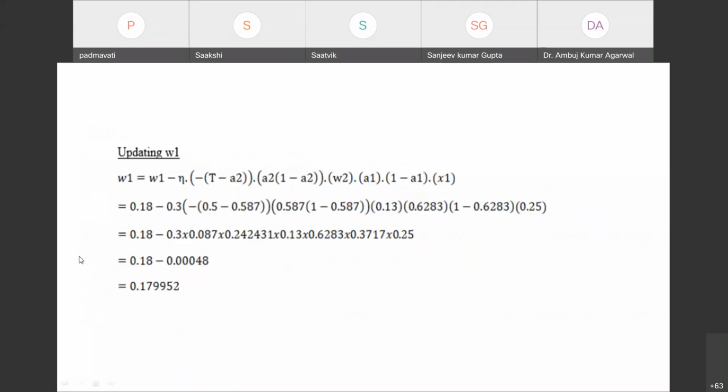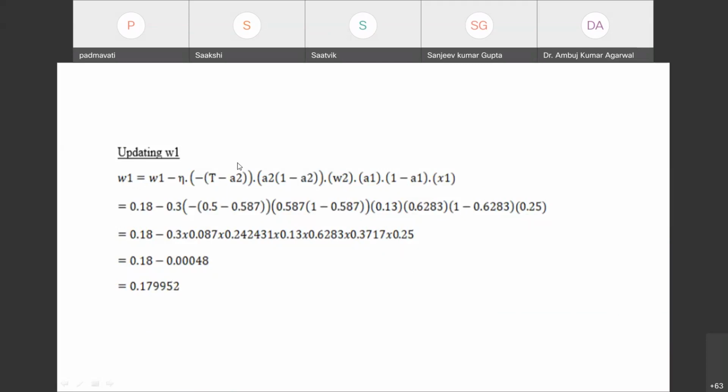When you update W1 and V1, you simply use V1 equals V1 minus eta of the derivative of E with respect to W1. B1 equals B1 minus eta of the derivative of E with respect to B1.